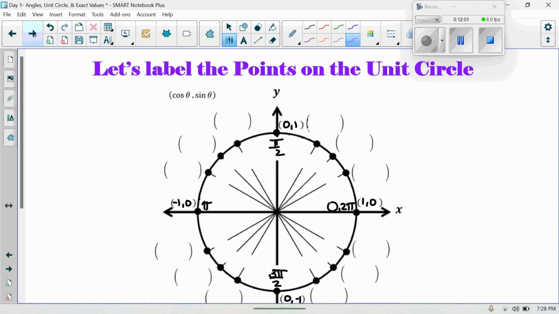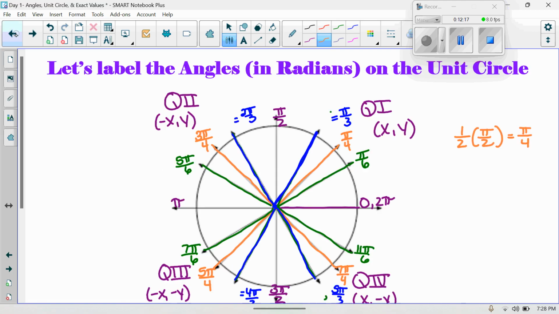My oranges were pi over 4s. So pi over 4, 2 pi over 4 would be up here, 3 pi over 4, now I'm at 5 pi over 4, and then 7 pi over 4. Then my next ones were green.